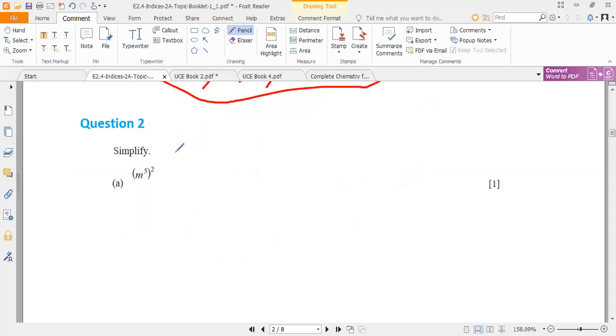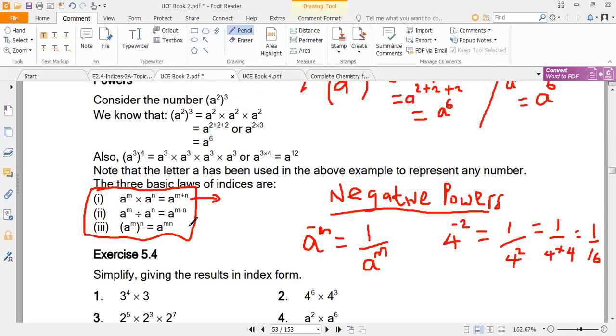So let's look at the second one, which asks us to simplify m power 5, all to the power 2. This time, we use the law which says if you have something like this, keep the base and then multiply the powers.